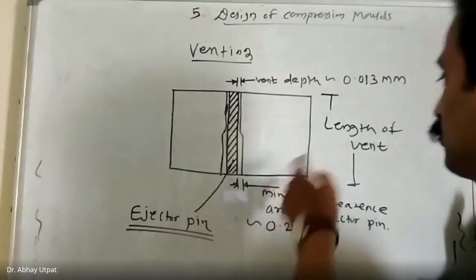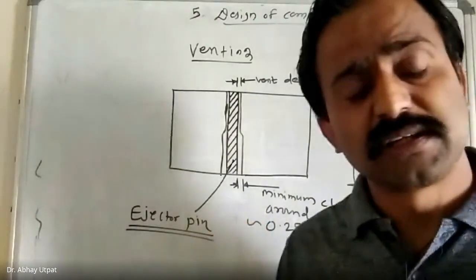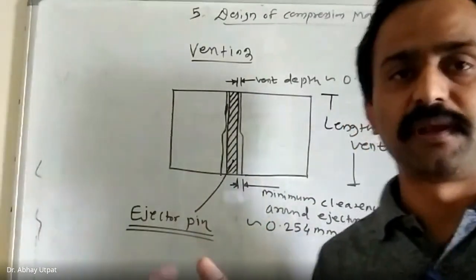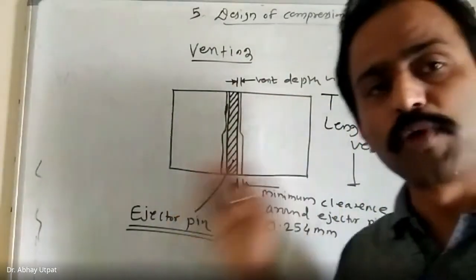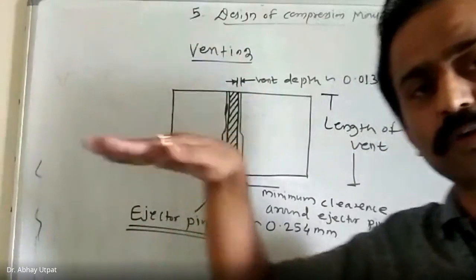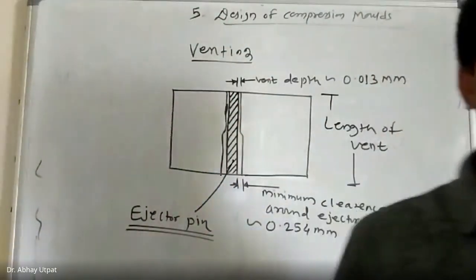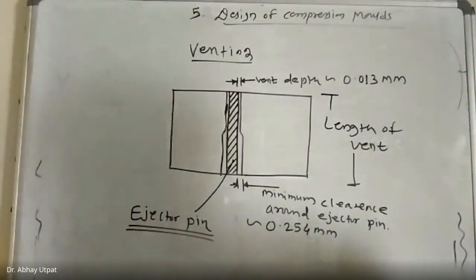So length of vent starts from the mold opening to the atmosphere. Where your mold wall ends, that outside surface of the mold directly opening to atmosphere, that is treated as the length of the vent.